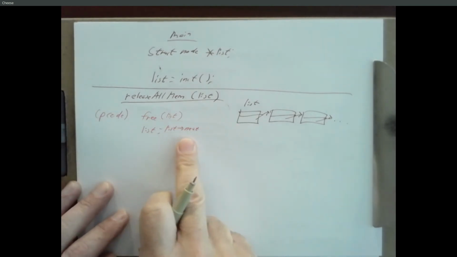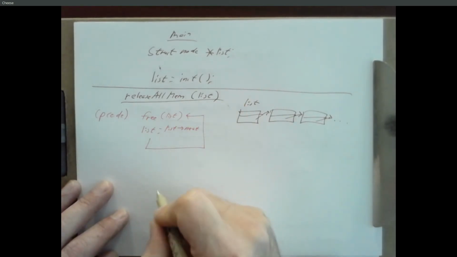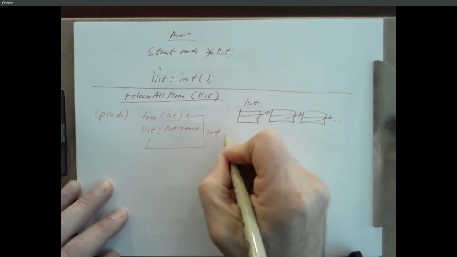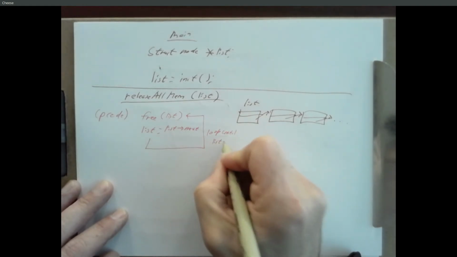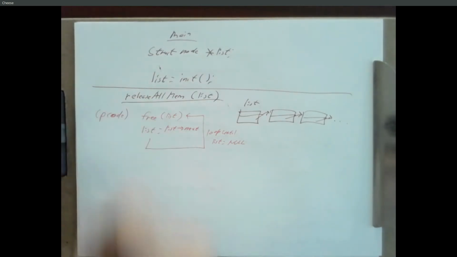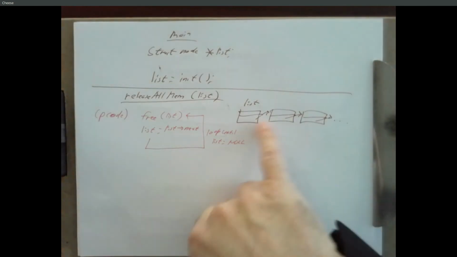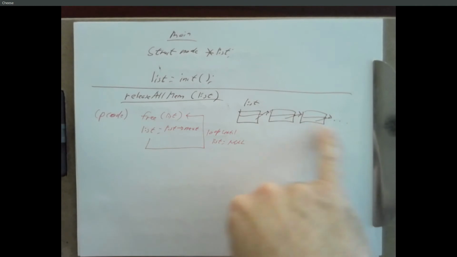Point to the next node and go back up and just loop until list is null. So free the node, move to the next node, free that, move to the next node, free that. Keep going until you move to the next node and you find that you're pointing at null, and then you're done. You freed all the nodes.